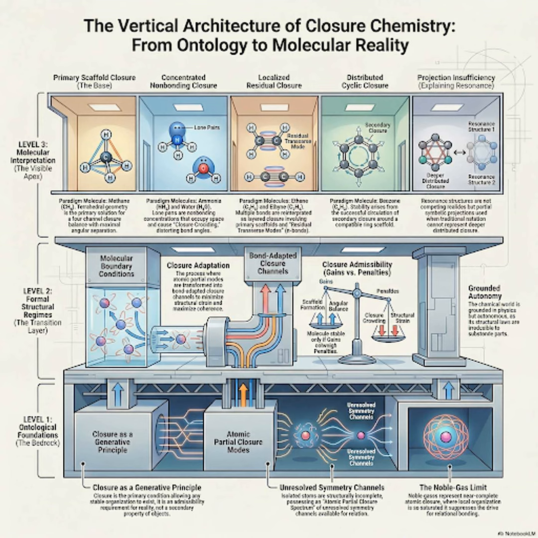Oh. Because they don't want to react with anything. Precisely. Their local internal organization is so saturated, so perfectly resolved within the boundaries of the single atom, that the drive for outward relational bonding is massively suppressed. They're just happy by themselves. Yeah, they simply do not have that restless spectrum of unresolved partial closure modes like the other elements do.